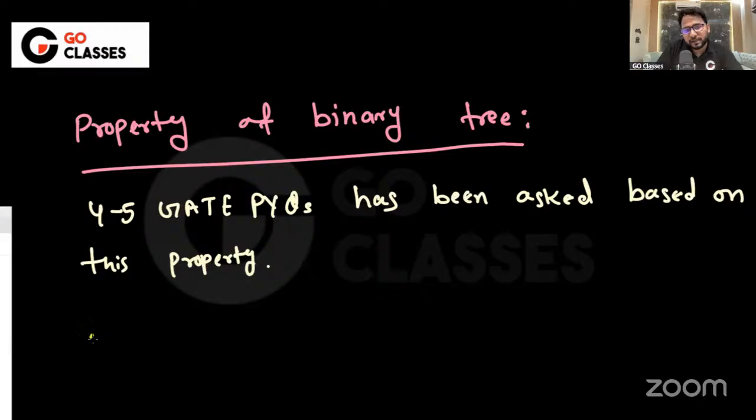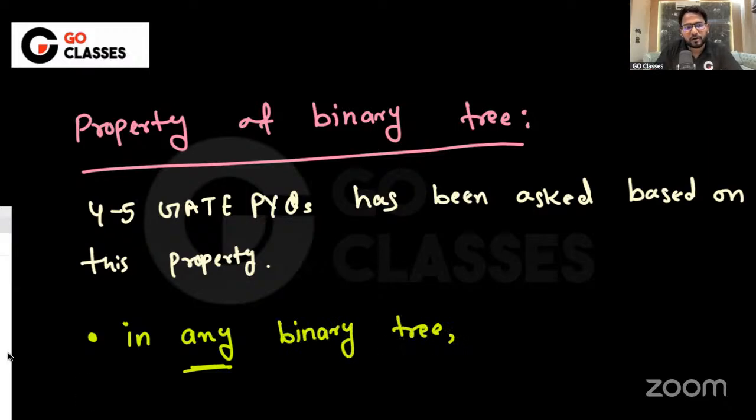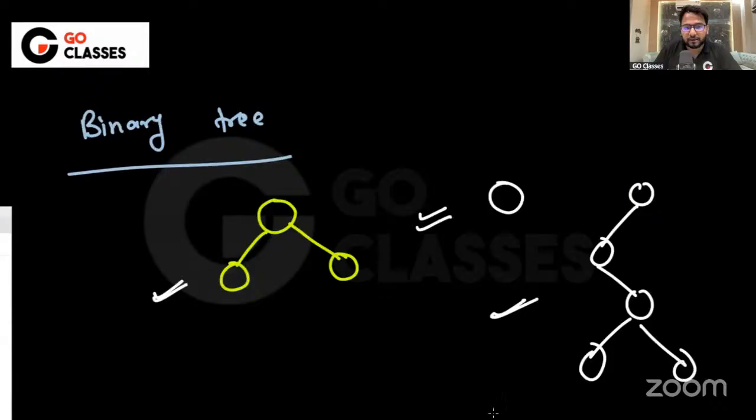The property says that suppose you have any binary tree. The word "any" is important here. In any binary tree, there is a particular relation between the number of leaf nodes and the number of nodes having degree 2. Let me write that relation.